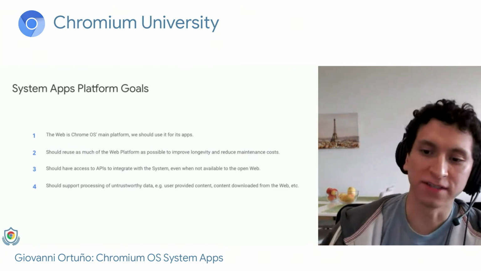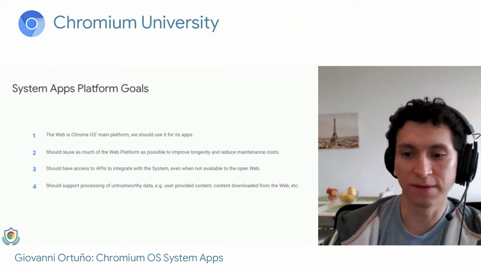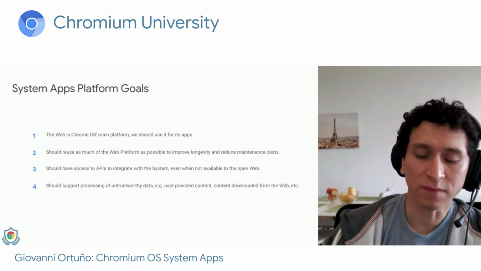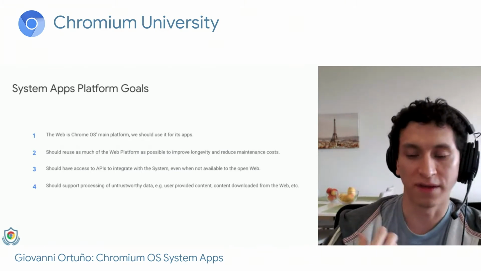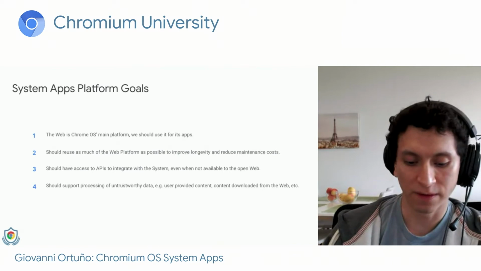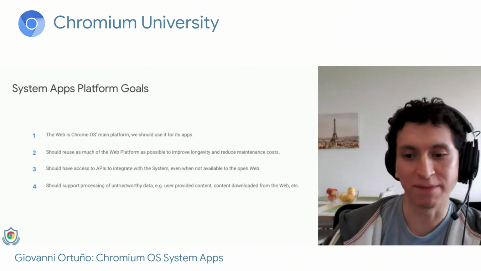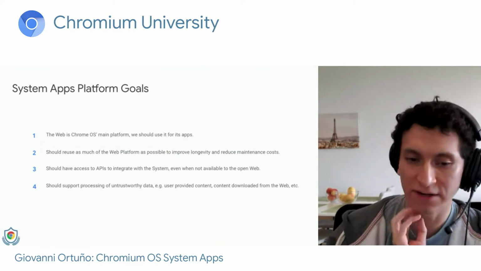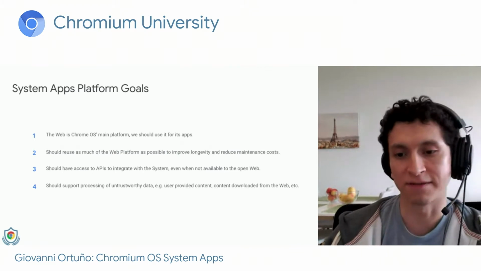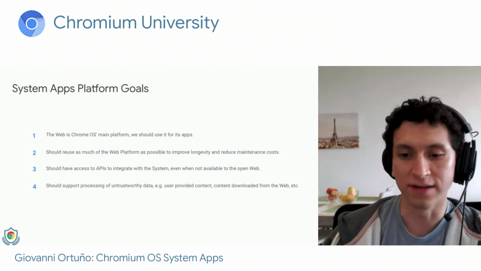So with all of that context in mind, we had a couple of goals for the platform. First of all, we wanted to use the web. The web is the main platform for Chrome OS, and even though it has some drawbacks, it's still the best platform for building UIs.